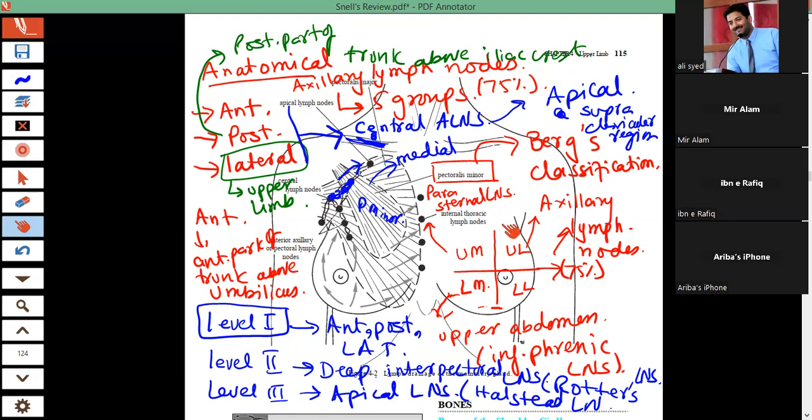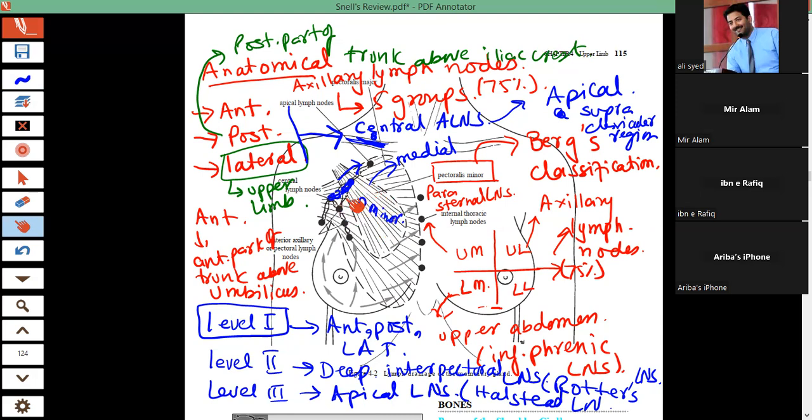But if you want to study Berg's classification, which is for surgeons to make it easy for them, they make it in relation to the pectoralis minor muscle. This is your MCQ. They can ask you: Berg's classification of axillary lymph nodes is in relation to which muscle? Your answer will be pectoralis minor muscle.